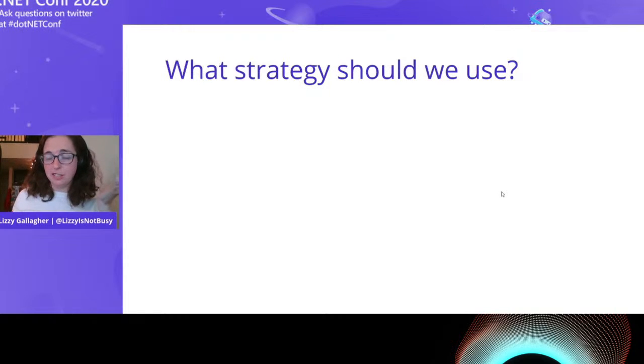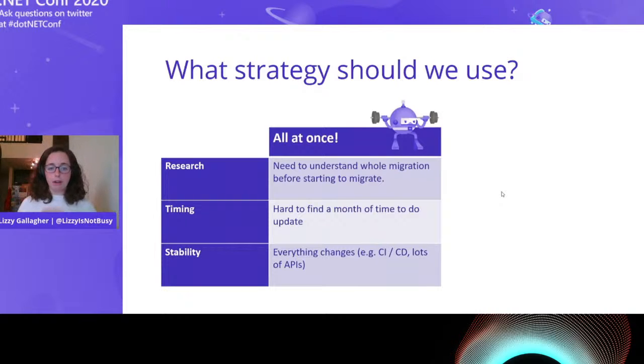Should we break this migration into multiple steps, or should we do it all in one go? Well, answering this question ended up being very simple. At the scale that we were working with, especially with as large of an internal NuGet ecosystem as we have, remember we have 300 internal packages, it was not feasible to do this migration all at once.